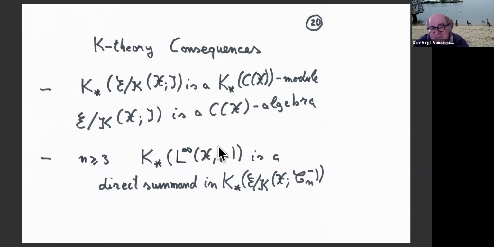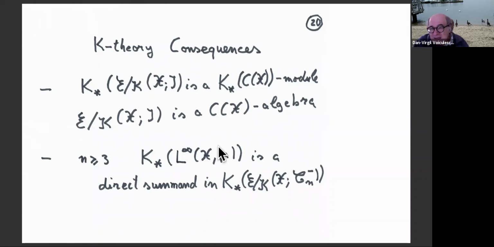First of all, the fact that the continuous functions are in the center makes this Calkin algebra a C of X algebra, and the K-theory of C of X acts on the K-theory of the Calkin algebra. But there is a warning here.